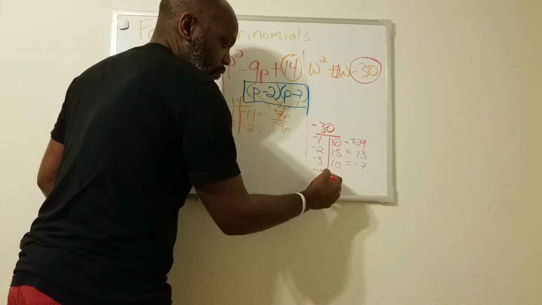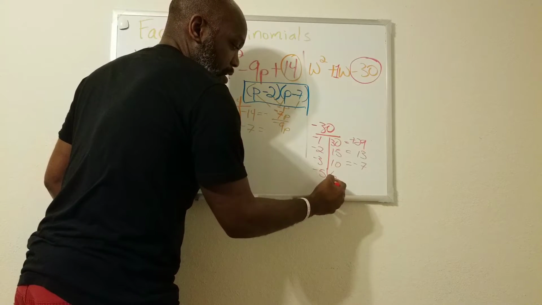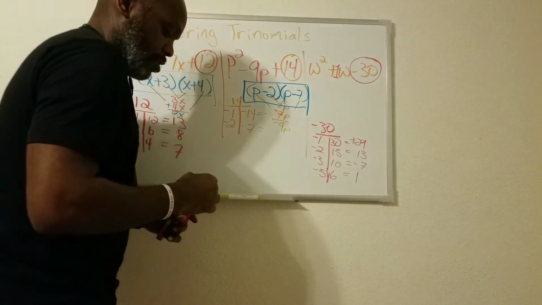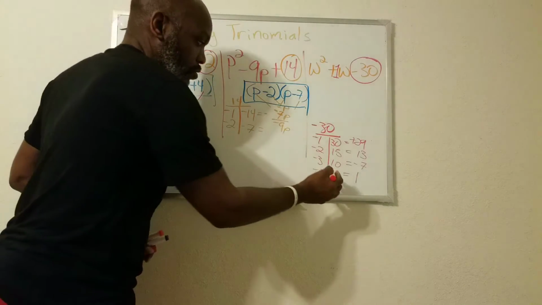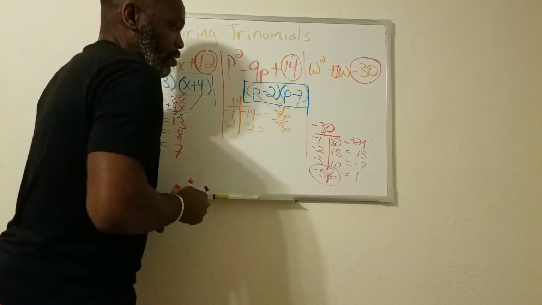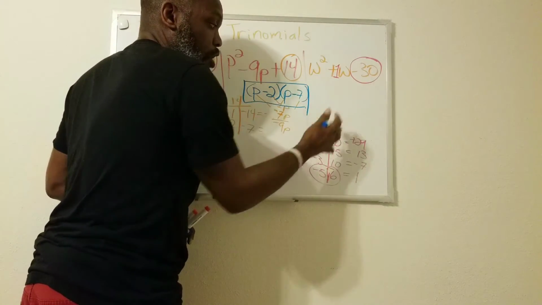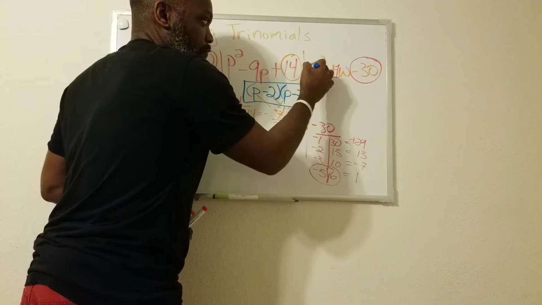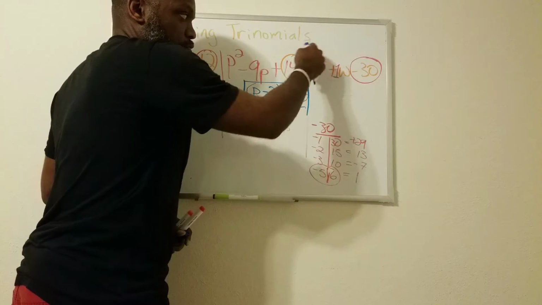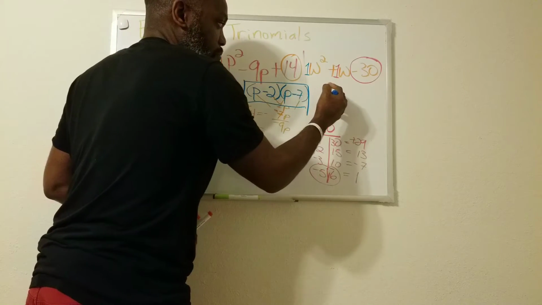What about negative 5 times a positive 6? Well, if I add that together, that will give me a positive 1. So I'm going to use negative 5 and 6 as my answer. And we can only do this process when the coefficient of the first term is 1. That's the only time that we can do this.